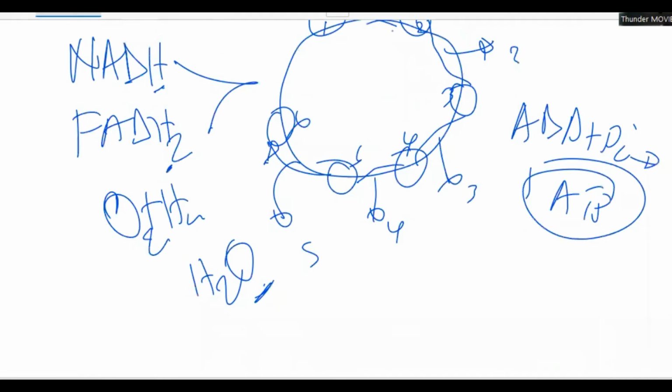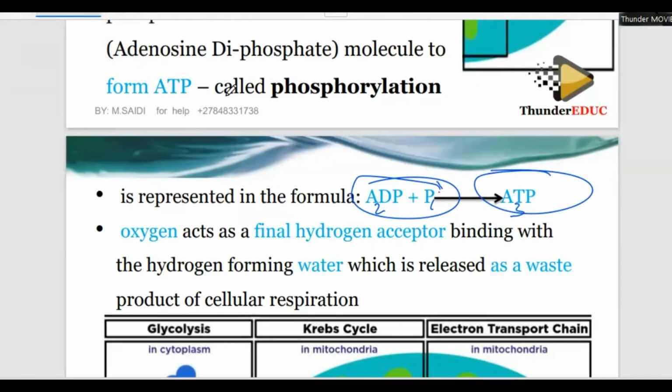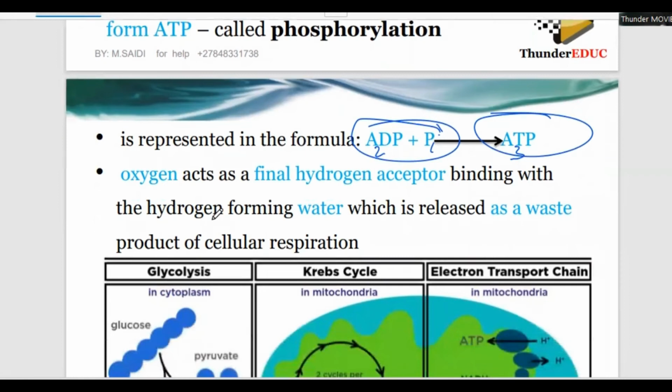That oxygen becomes the last hydrogen acceptor, which combines with the hydrogen ions or atoms, and then you form water molecules. It doesn't just take place the way we write it. It's a little bit complex, but we use it to summarize for you so that you can understand what is behind the scenes.